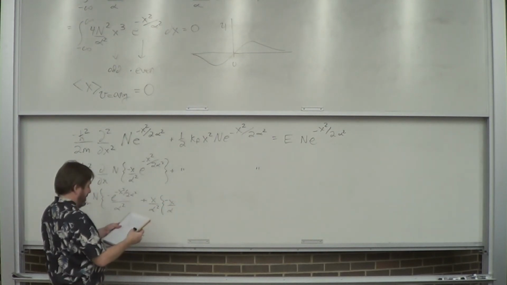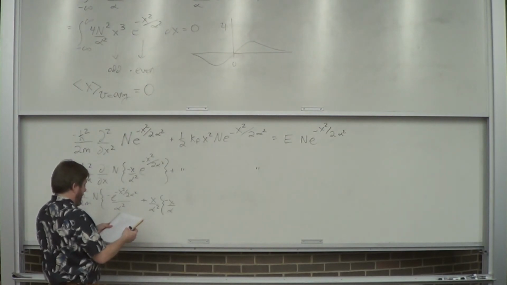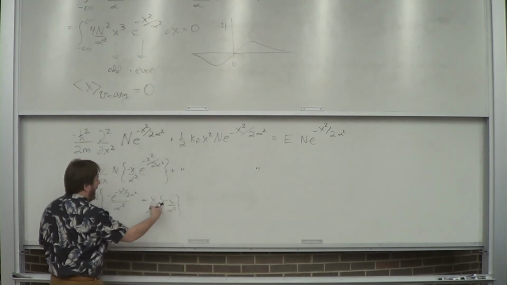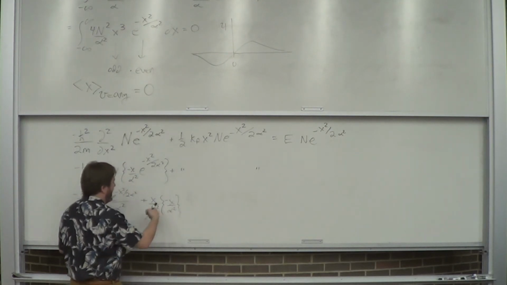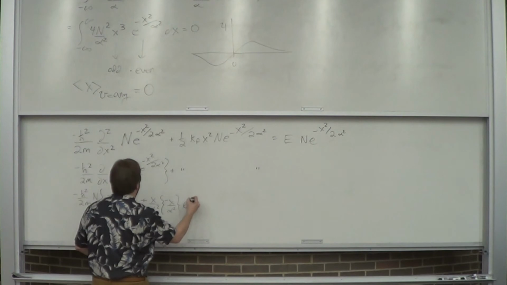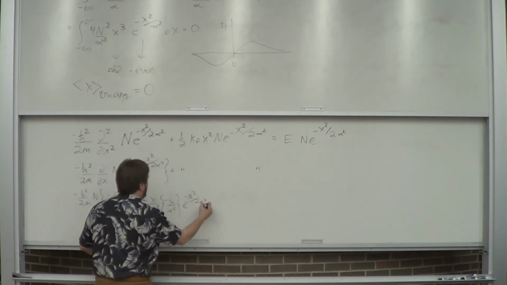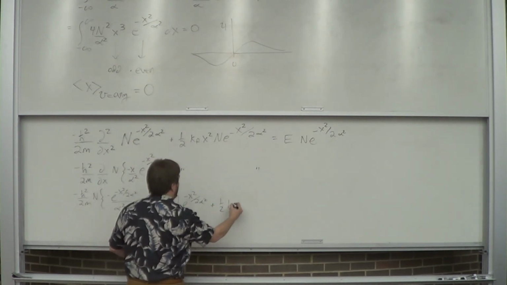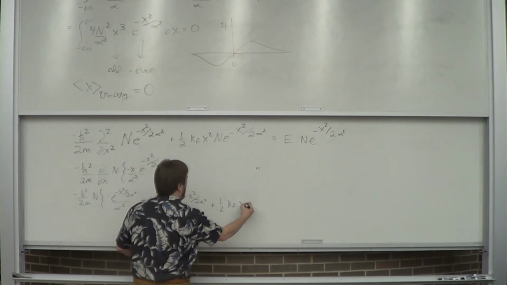Let me check my notes. Yeah, x over alpha squared. Okay, you see I've got an x squared going on here. Either minus x squared over 2 alpha squared. Plus, let me go ahead and, I know I was lazy before.